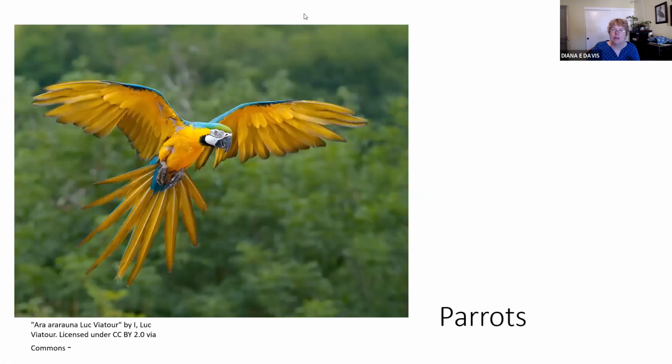Now we're getting to some of the things that we tend to see more of in the pet trade, the parrots. This group includes what we call parrots, what we call parakeets, which would more accurately be budgers, or budgies.